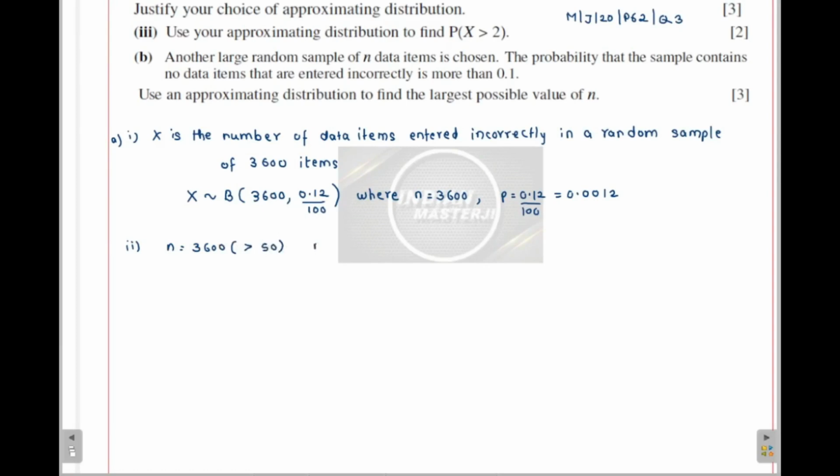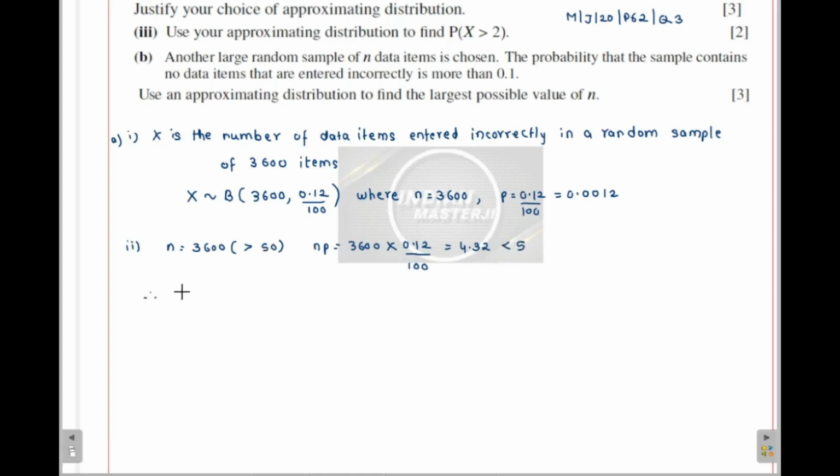And if we try to find out np, np will be 3600 multiplied by 0.12 divided by 100. If we solve this, we will get 4.32, which is less than 5. So here n is greater than 50 and np is less than 5.